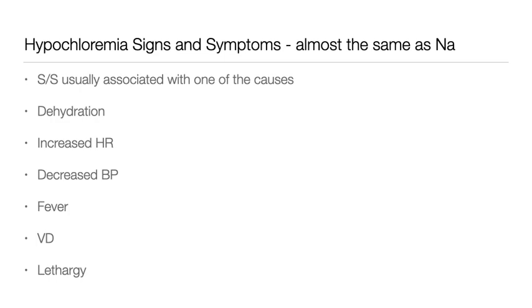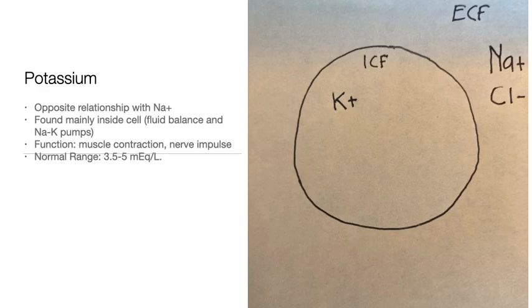Next up, here we go. We have potassium. Potassium is concentrated mainly inside the cell, as we see here. It's got the exact opposite relationship as we said with sodium, inversely related. It's found mostly inside the cell, maintains fluid balance, and its main gradient is maintained by the sodium potassium pump.